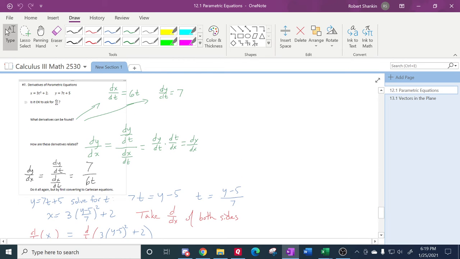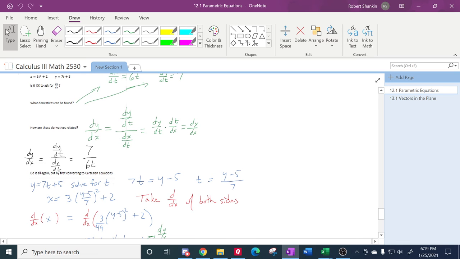So we're looking at the derivative dy dx, and when we did, we said that's dy dt over dx dt, and then that reduced to 7 over 6t right here. Now, when we do it all again, but first convert to Cartesian equations, we solve for t, and the y equals 7t plus 5.